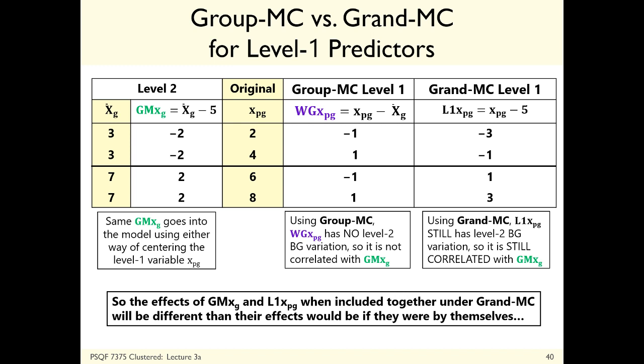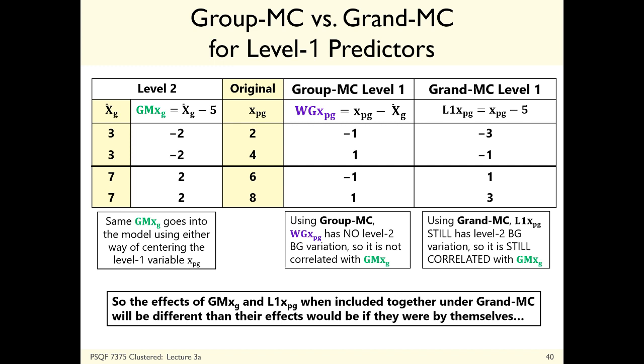But over here, if we don't group mean center, if we just pick a centering constant near the middle so that 0 means something, this column still contains group level 2 information. It's still smushed. So if you think about what happens in terms of unique effects, this column, grand mean centering, is related to group mean.